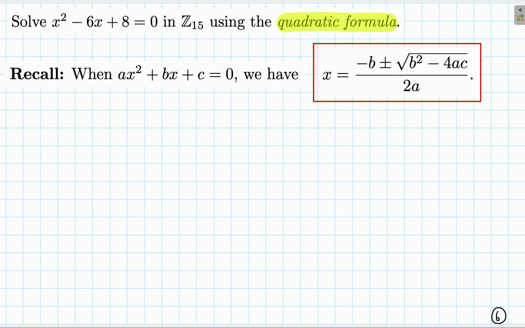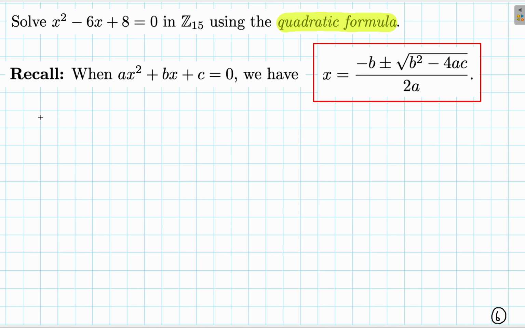Now let's take this a step further, and we'll solve our quadratic x squared minus 6x plus 8 equal to 0 in Z15 using the quadratic formula. So here's the quadratic formula, just as a reminder. And once again, Z15 is not an integral domain, so we expect something funny to happen. Let's see what that is.